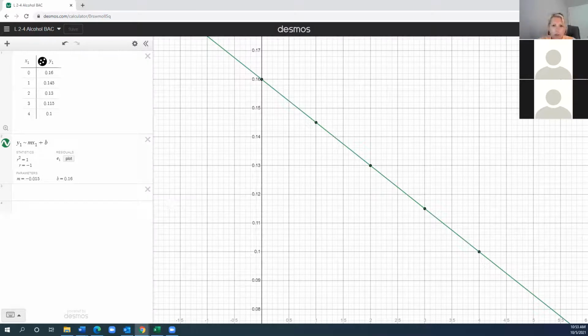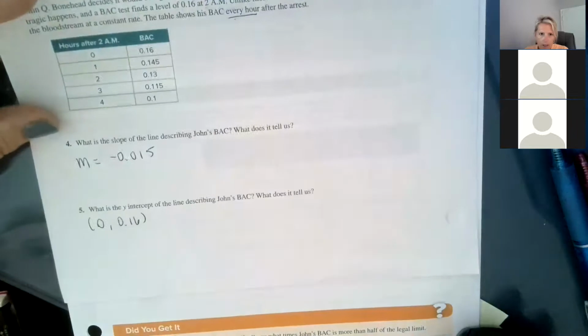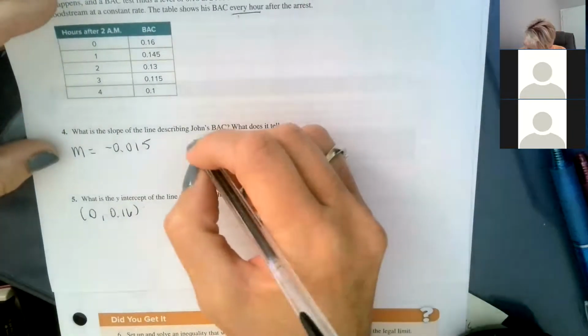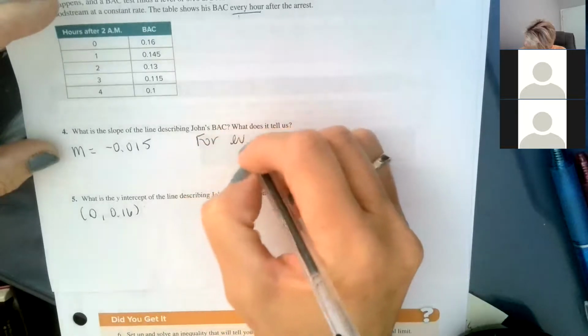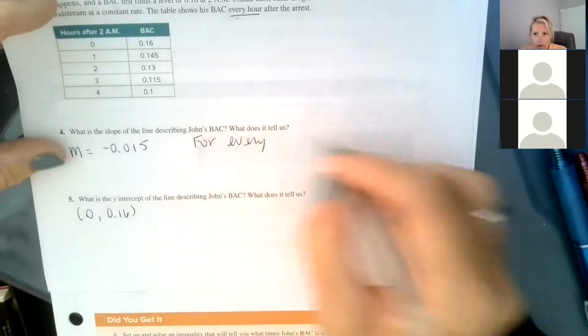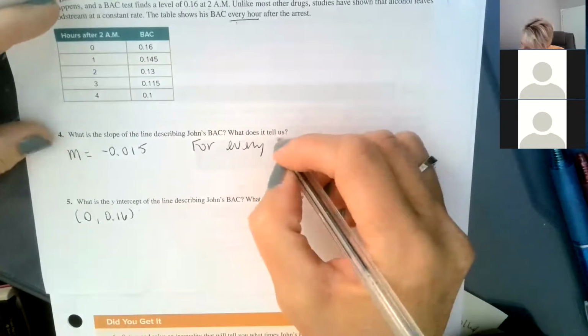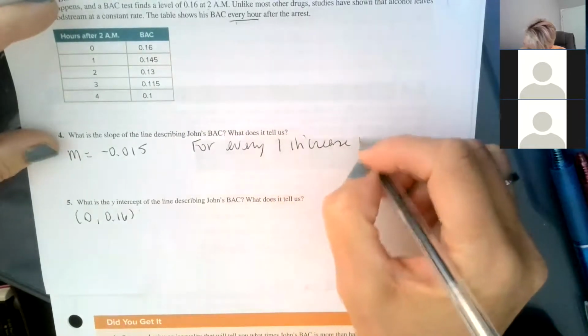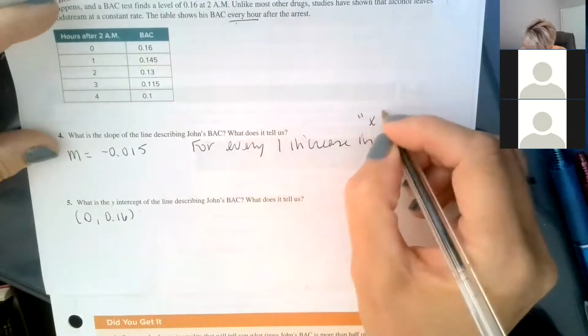Okay, so let's go back to our paper and just write out what these mean. So we have them. So for our slope, everybody should be following this description formally how to write this. So for every 1 increase in, and this is where we're going to put our X variable.